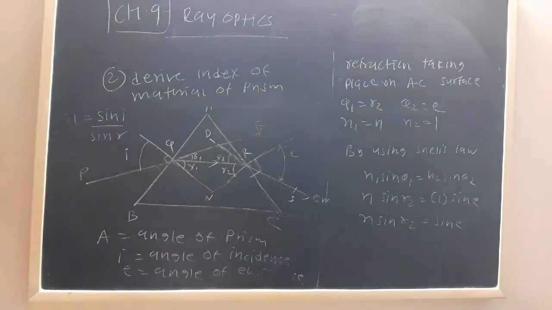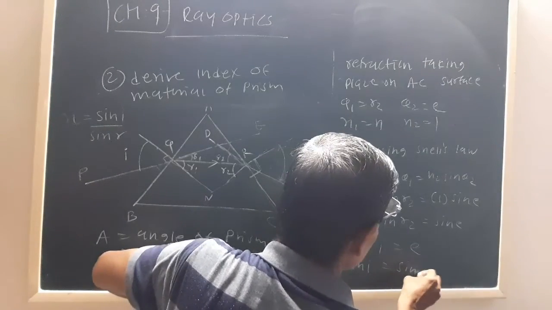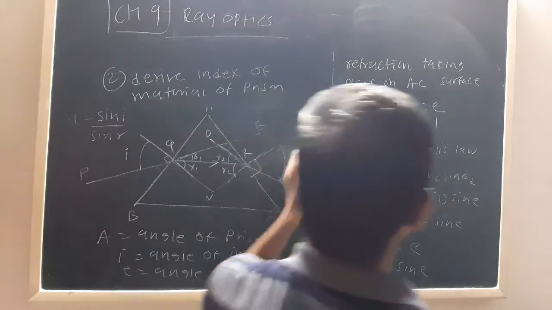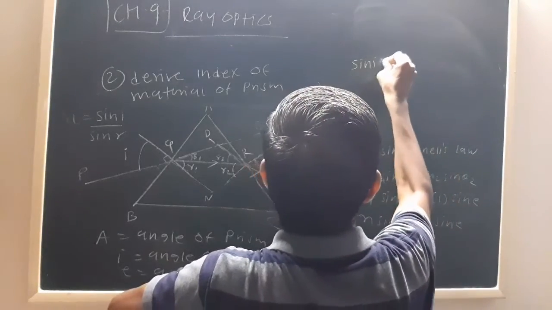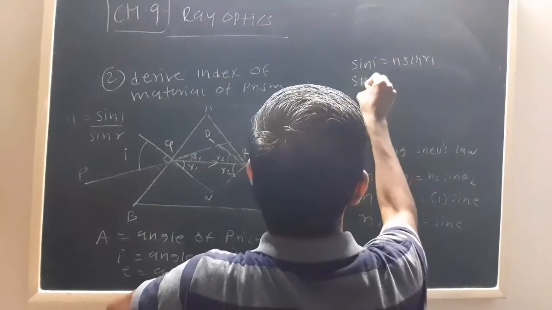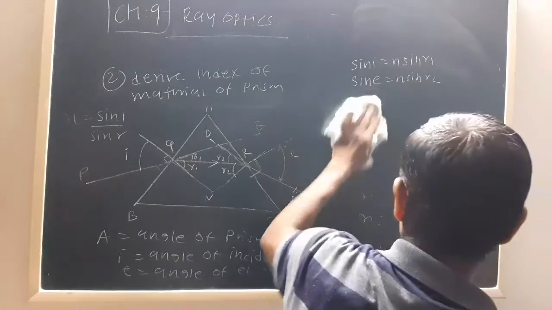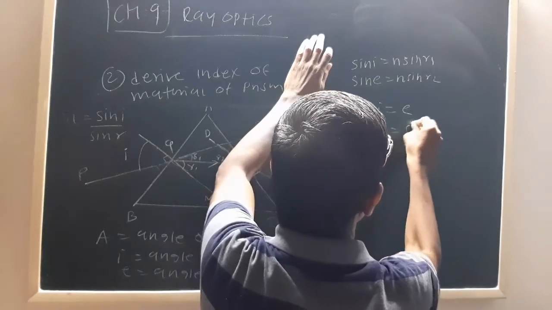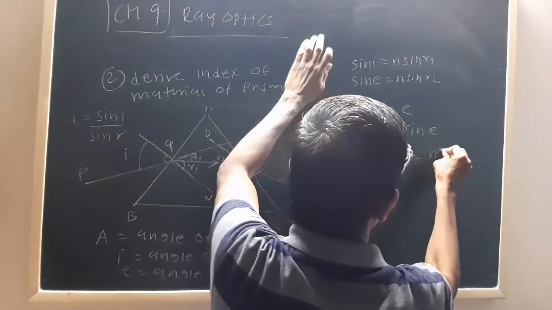Now what we have used here: i is equal to e, so sin i is equal to sin e. Our sin i we have proved is n sin r1, and sin e is n sin r2. So from i equal to e, sin i is sin e, sin i is n sin r1, sin e is n sin r2.